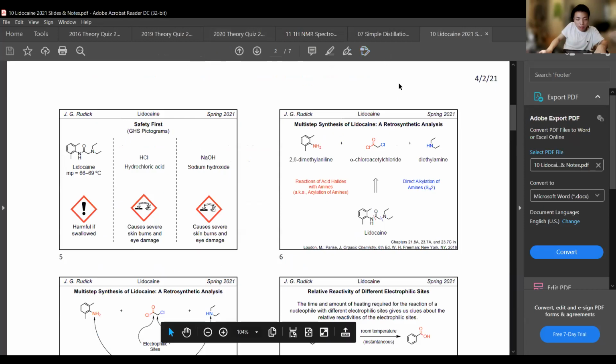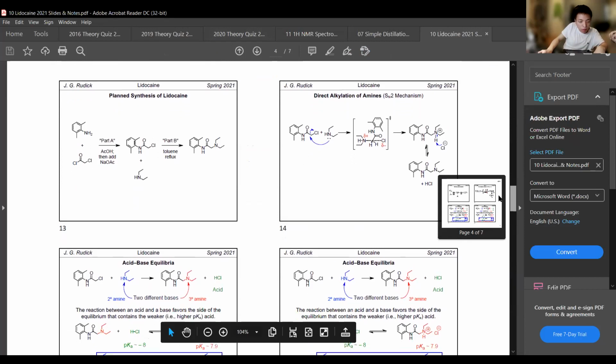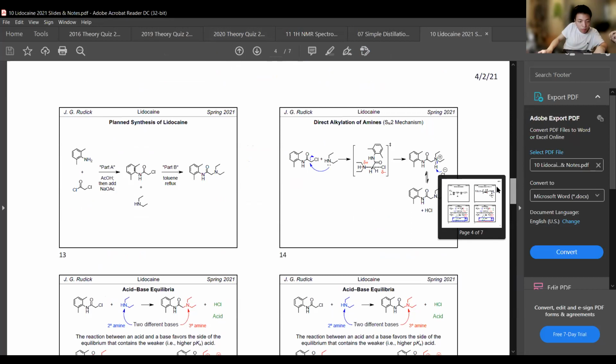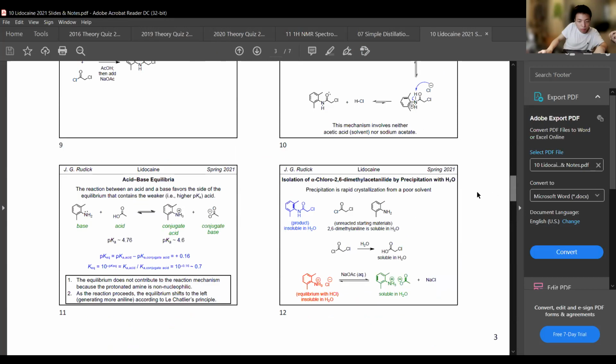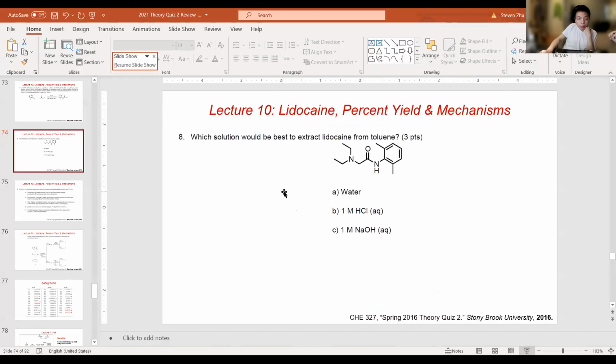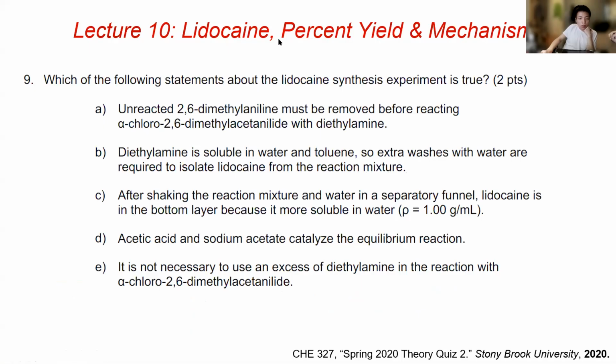So the purpose of sodium acetate is, I believe, somewhere here. Yeah. B is true, and A, I'm not too sure about that.